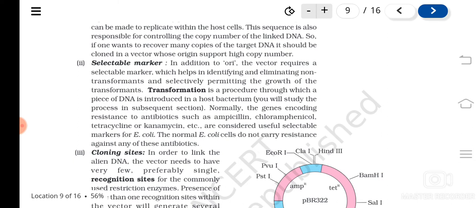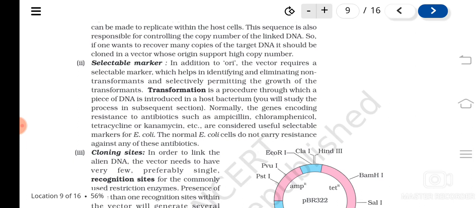The vector should have some genes giving resistance to antibiotics, and these are considered selectable markers for E. coli. Normal E. coli cells cannot grow in an antibiotic-containing medium. Only those having the gene for resistance to these antibiotics can grow, so they are used as a selectable marker.